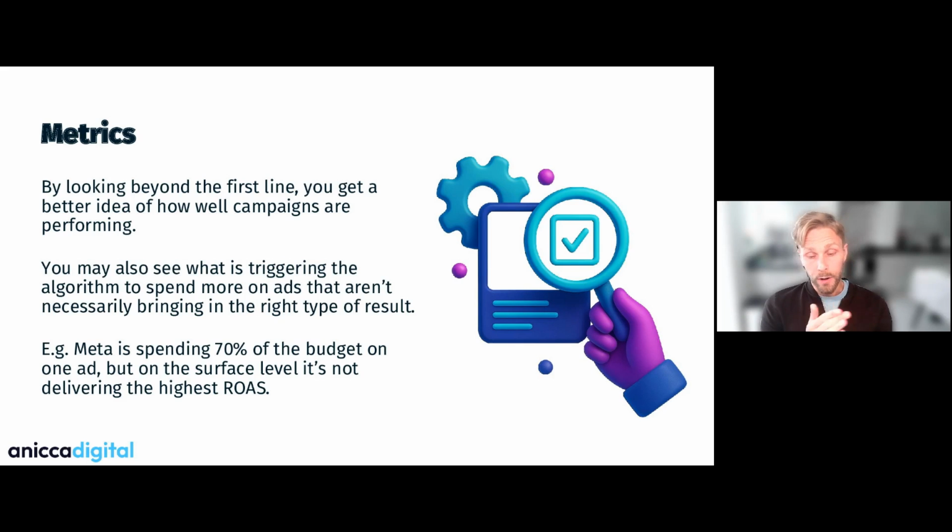If you look beyond, then you might see what's triggering it. For example, maybe the cost per click is really low, and Meta is pushing the budget because the cost per click is really low for that ad as opposed to the others. But the others might, on the surface level, be producing more sales.